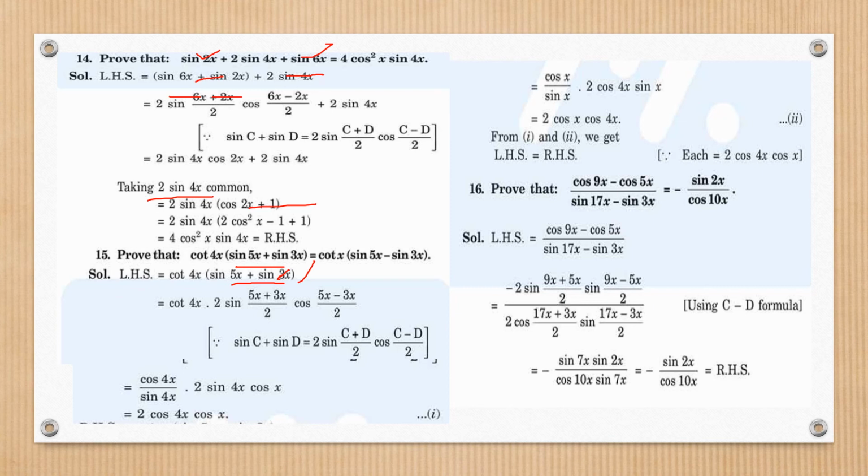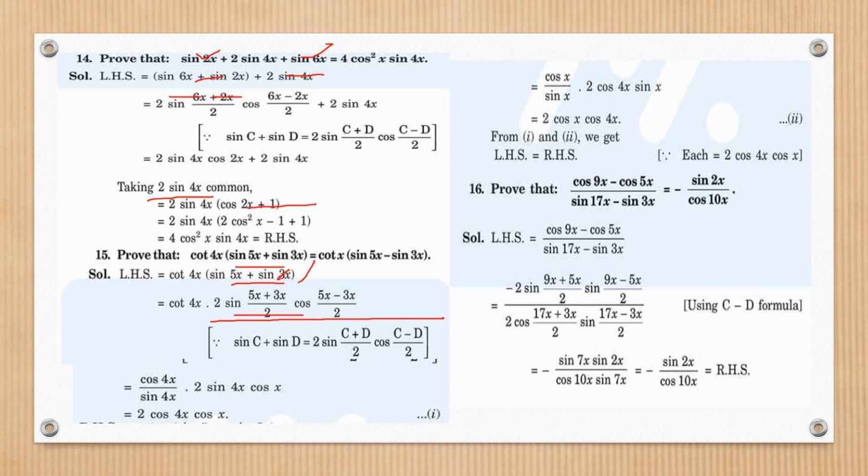In number 15, we have to prove both sides equal. So here you have to apply the formula for sin plus sin, which is 2 sin((a plus b)/2) cos((a minus b)/2). Now open this cot as cos upon sin, and you will get that the terms will be cancelled here.